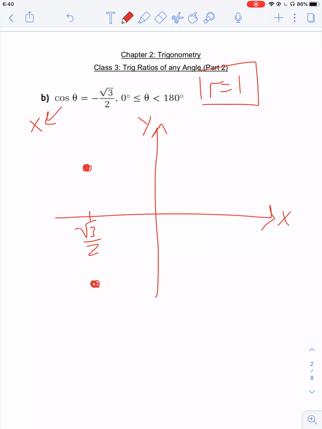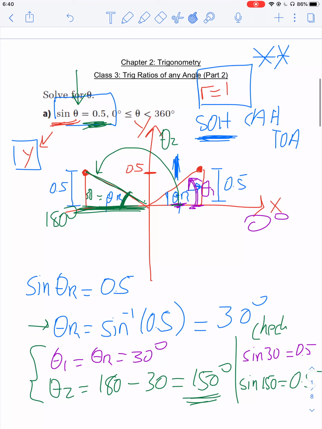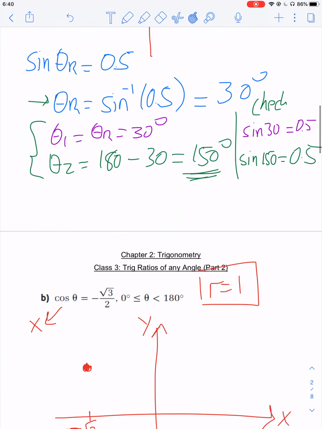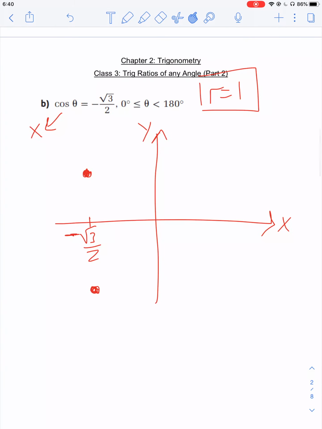So both of these dots have the same x value, which is minus square root of 3 over 2. So you're going to have two solutions, two dots, just like in the previous question, where both dots had a y value of 0.5.